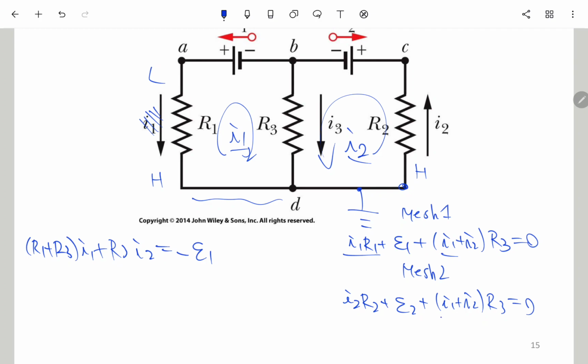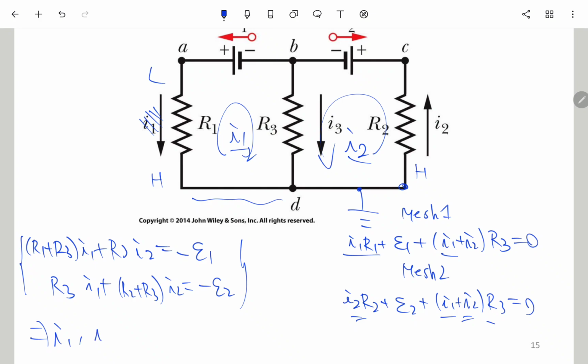And for this one we have R3 times I1, plus this is I2, so (R2 plus R3) I2 equals negative E2. So this is a joint equation with two variables, and you may be able to solve it using your high school mathematics knowledge to get I1 and I2.